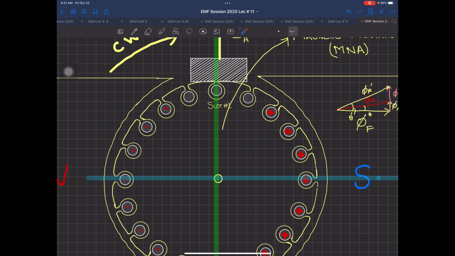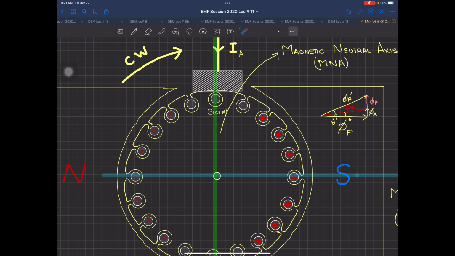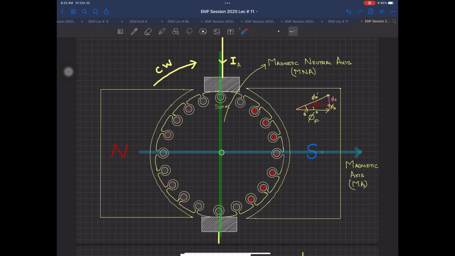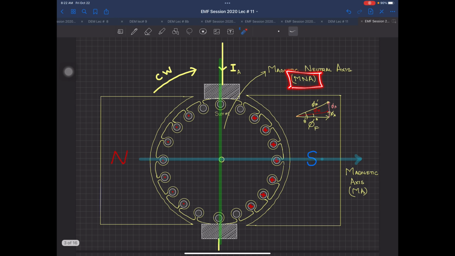This line is actually passing through these three conductors, so we use the word magnetic neutral axis. These three conductors are neutral over there; they have no cross and no dot. So this magnetic neutral axis is this line over here, and the magnetic axis is this line. In abbreviation we call it the MNA, not the MNA of our legislative assembly.